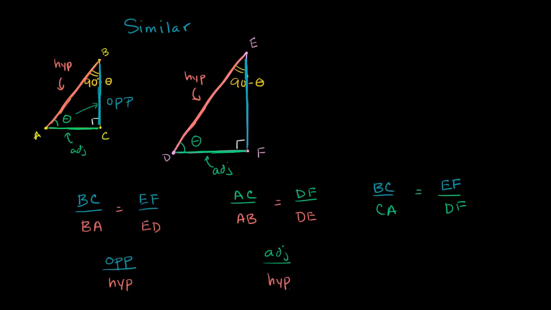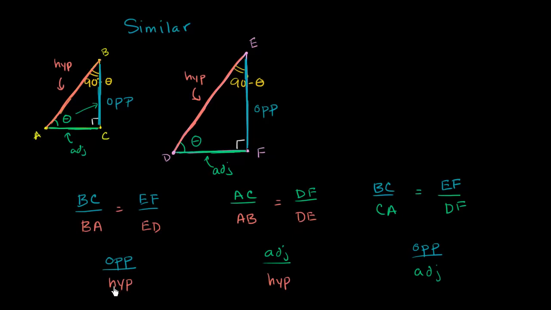And then finally, this over here is going to be the opposite side. Once again, this was the opposite side over here. This ratio for either right triangle is going to be the opposite side over the adjacent side. And I really want to stress the importance, and we're going to do many, many more examples of this to make this very concrete. But for any right triangle that has an angle theta, the ratio between its opposite side and its hypotenuse is going to be the same.